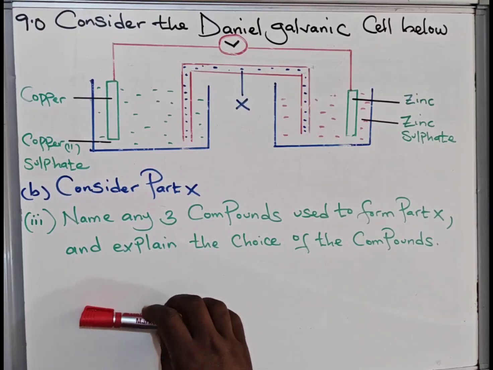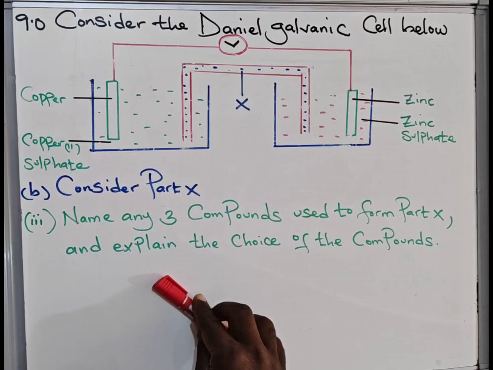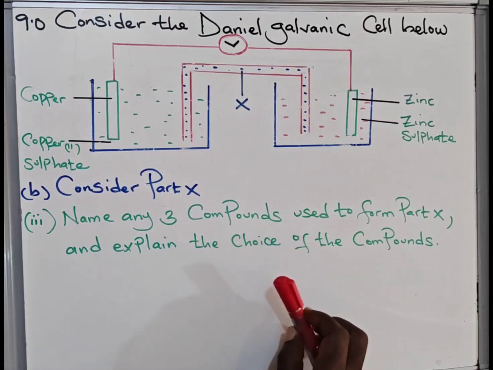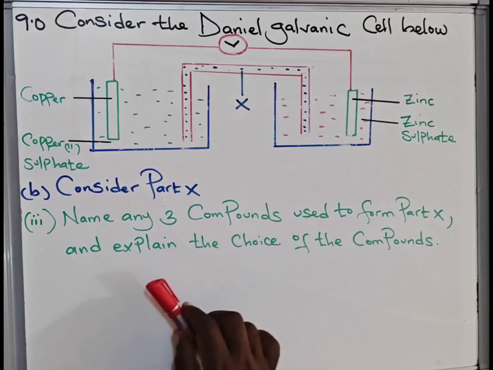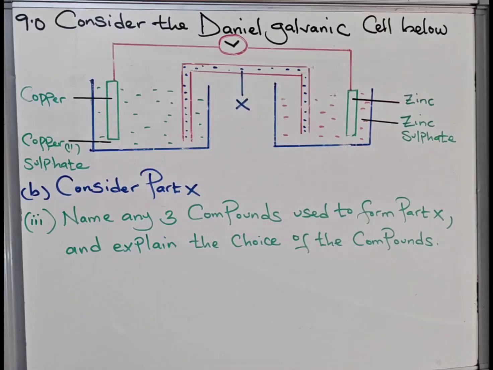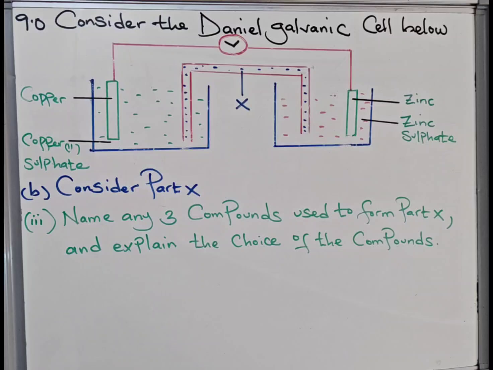Then we come to this question. It says, name any 3 compounds used to form part X and explain the choice of the compounds. The salt bridge: what are the compounds which we can use to make the salt bridge, and why do we choose those compounds?